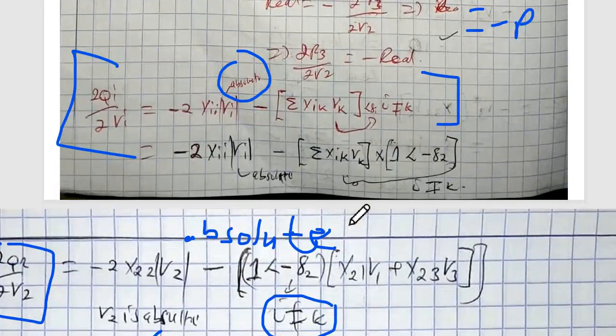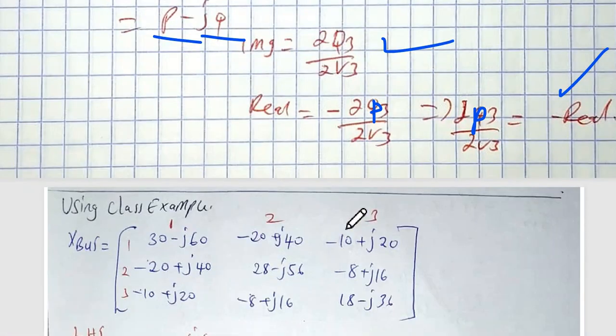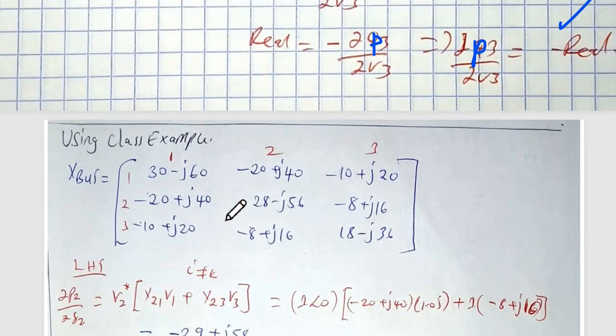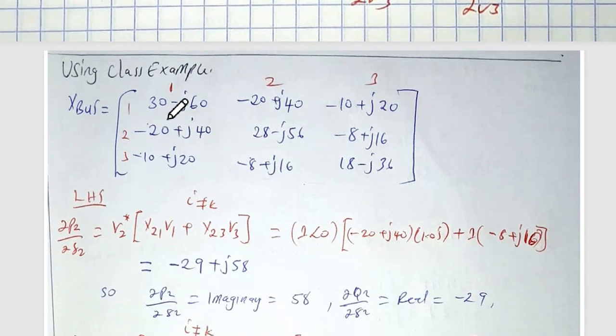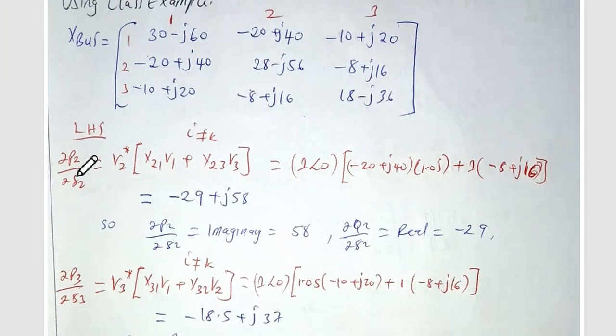So we can now do a proof with the class example. The class example we did, and the Y bus matrix was this here. So we want to get partial P2, partial del 2. Like we had said, it is V2 conjugate, Y21 V1 plus Y23 V3. Remember, I is not equal to K, so Y22 V2 is not used.